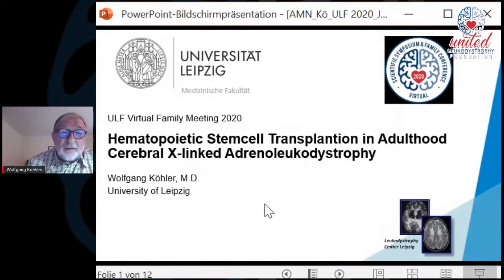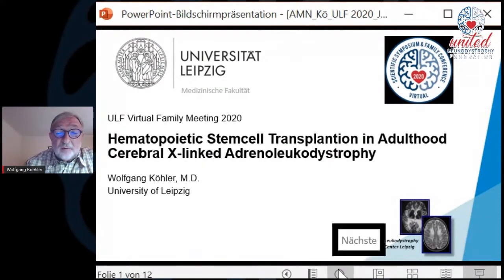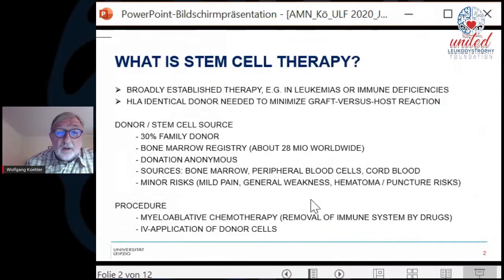So I want to talk a little bit about hematopoietic stem cell transplantation, or bone marrow transplantation, in cerebral XALD patients, because I think this is quite important for some of you. What is stem cell therapy? This is an already established therapy since many years. It's used in leukemias and other diseases.